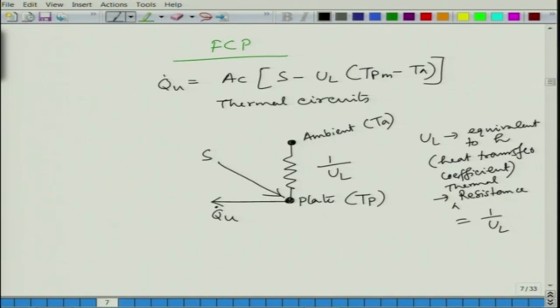Okay. So, this is a very preliminary thermal circuit you can draw, where S is the input, Qu is your output, and the undesirable loss is happening to the ambient through a resistance 1 over UL. Okay.